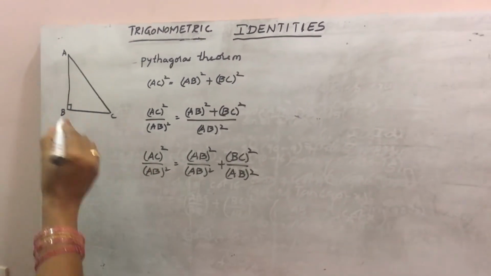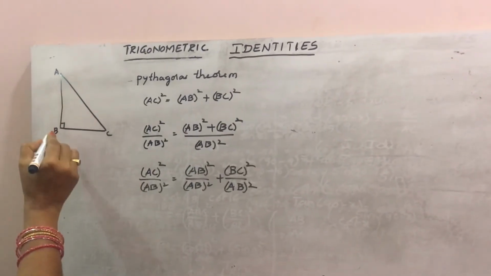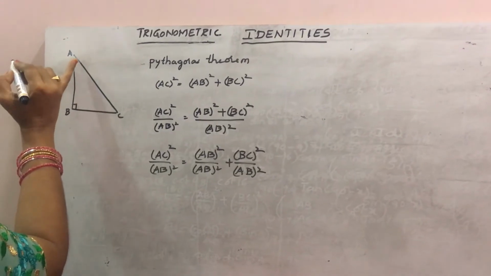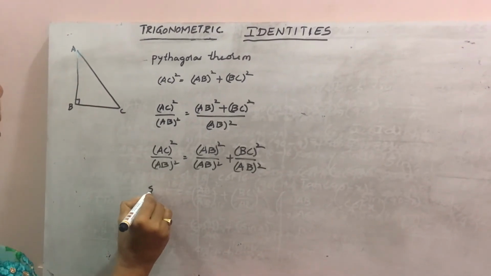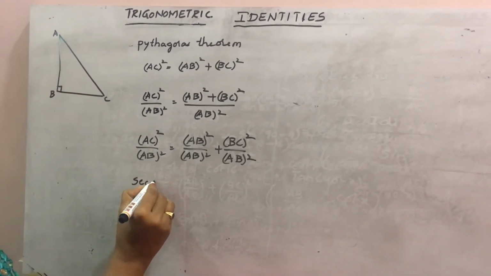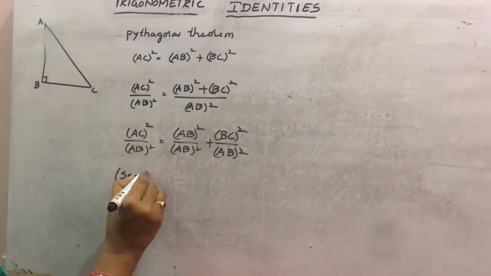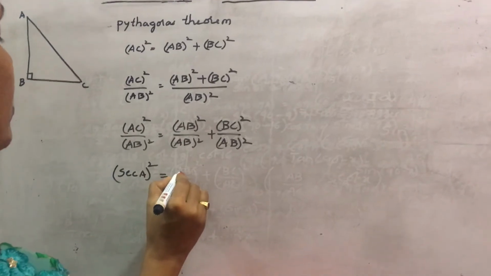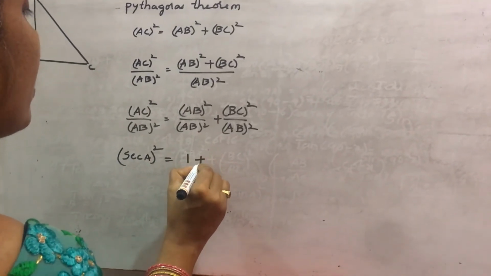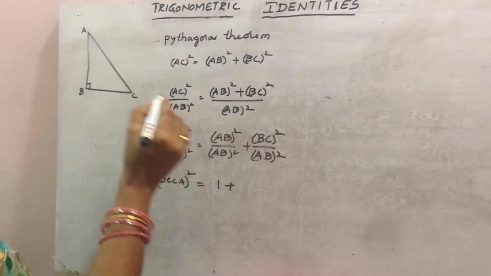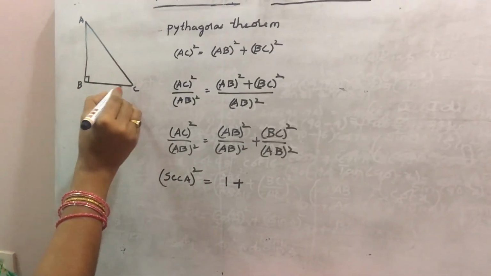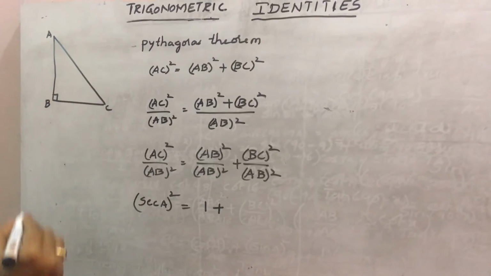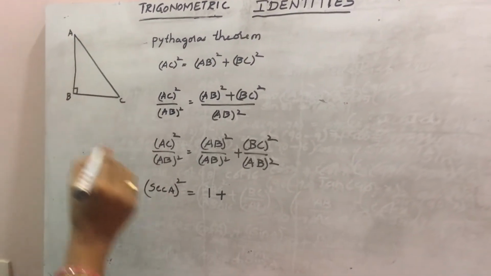See here, AC by AB is equal to hypotenuse by adjacent side to A, we can write sec A. Whole square is there, that's why we have to write square. Here AB square by AB square is equal to, we can write 1. See, BC square is opposite side to A angle by AB is adjacent side to A angle.